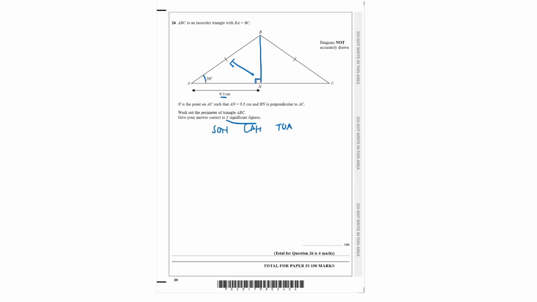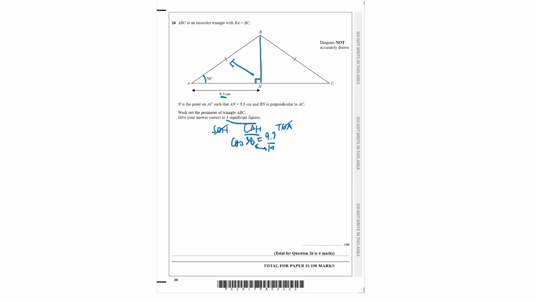Now, the angle is here and it's adjacent to 9.3. So we have to find something with both adjacent and hypotenuse. So TOA doesn't work, we only have CAH. So we put cos of angle, which is 38, is equal to adjacent 9.3 divided by hypotenuse. We don't know what the hypotenuse is just yet. We can rearrange this by multiplying by h and dividing by cos 38.